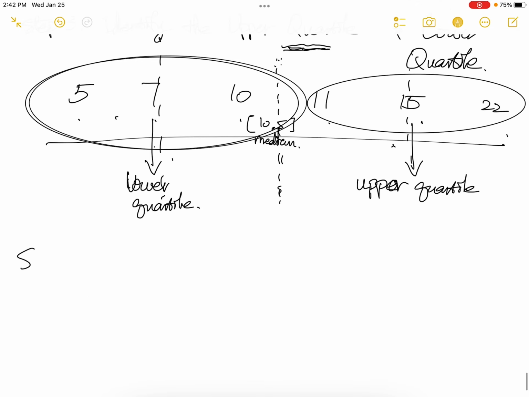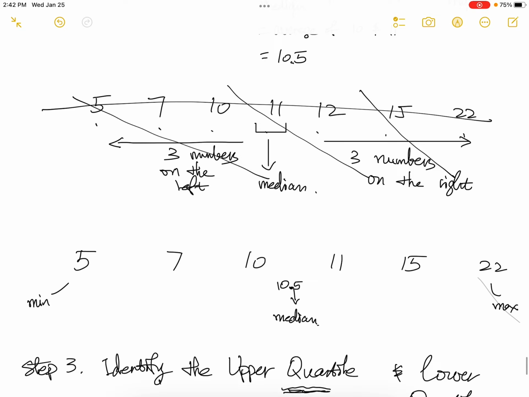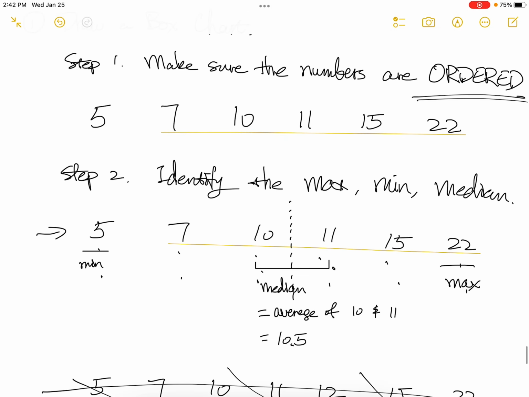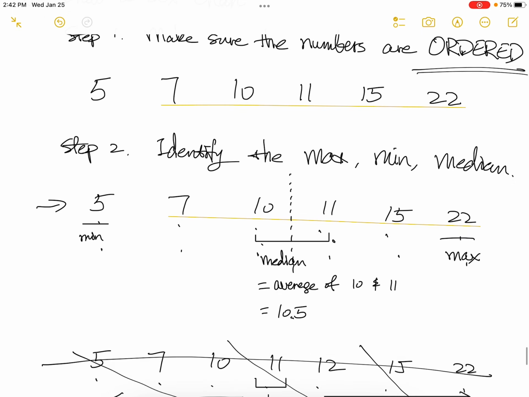And then one final step, draw the box chart. I know it seems a little tedious on the exam, but it's good to follow the steps so that you don't make any mistakes.